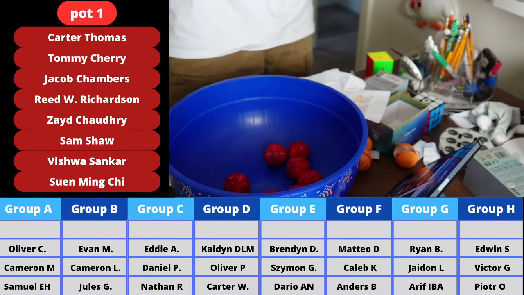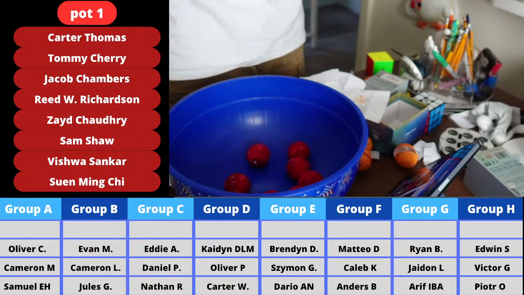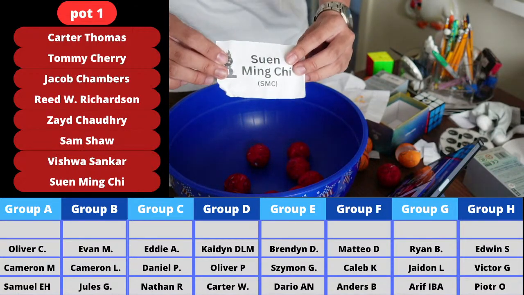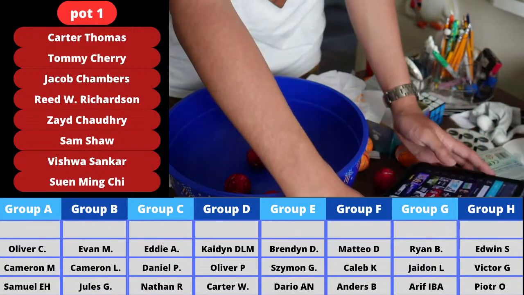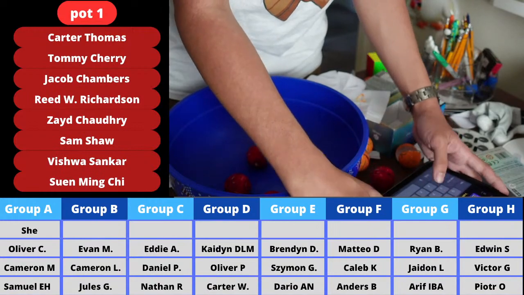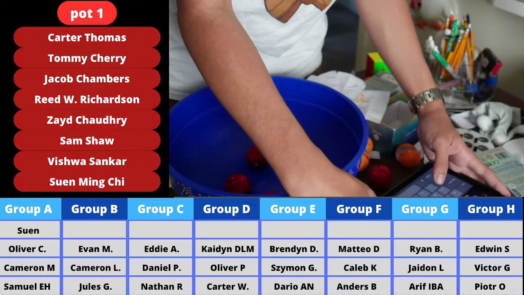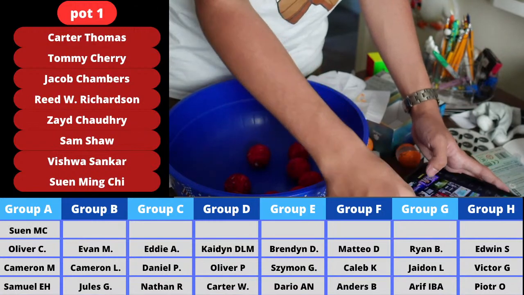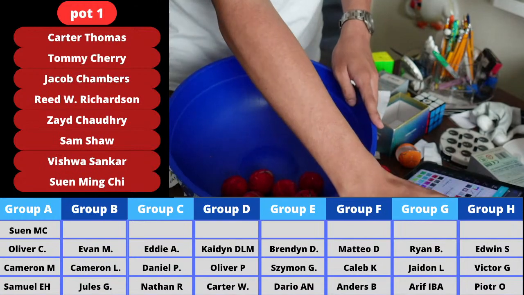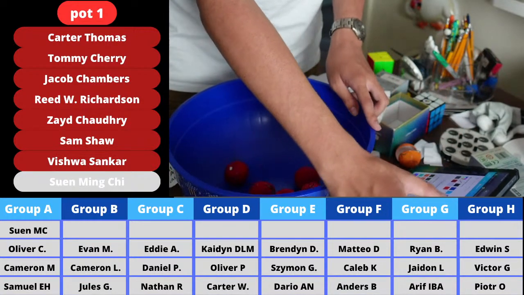Alright. Let's move on to the first pot. In Group A, we have Martin Suin. Martin Suin will be going into Group A. All right. So we just clear that. All right.